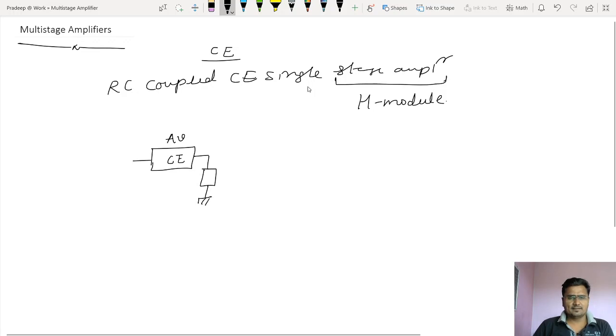The load can be anything you connect at the output which draws current or takes voltage from your amplifier.